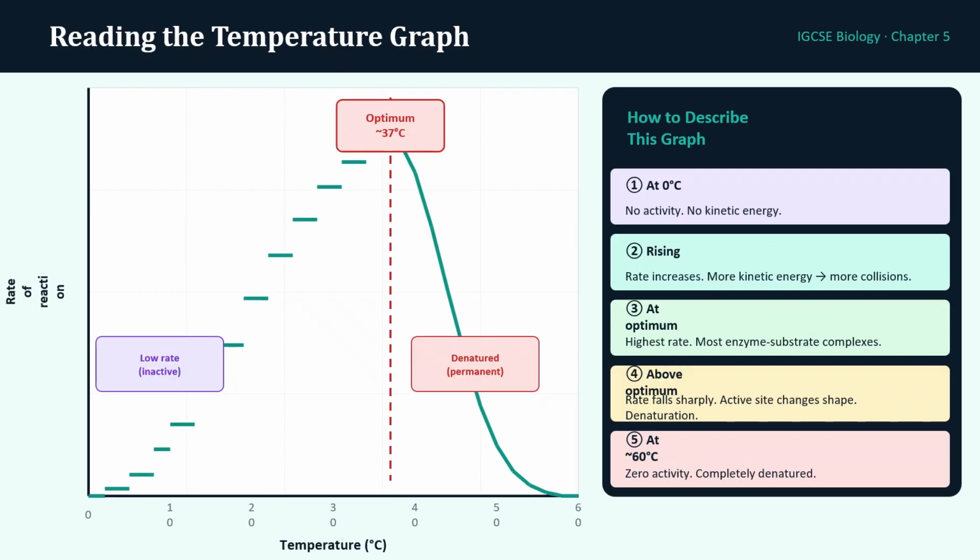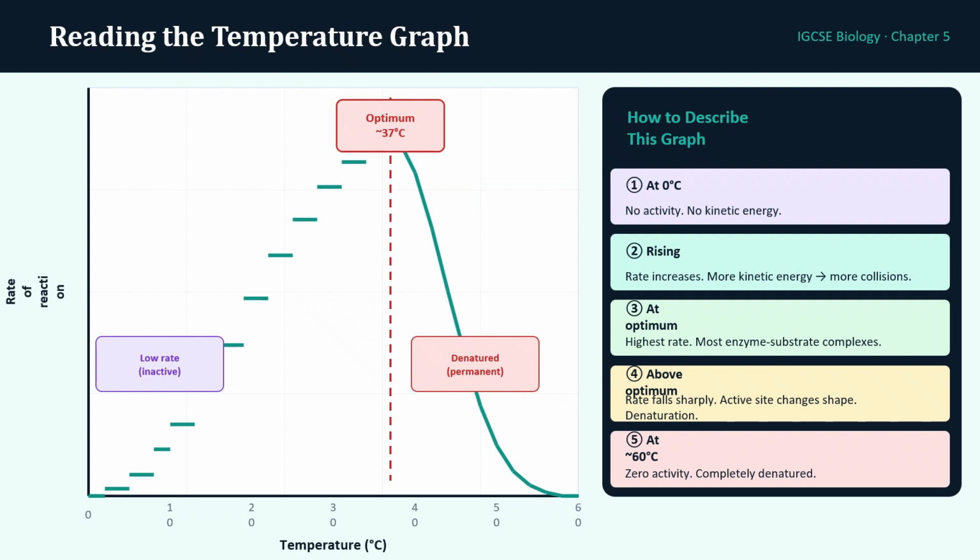Now look at this graph. Because graph questions on enzymes come up in every past paper. The x-axis of the graph shows temperature. The y-axis shows rate of reaction. At 0 degrees, the enzyme has no activity at all. Molecules have almost no kinetic energy.